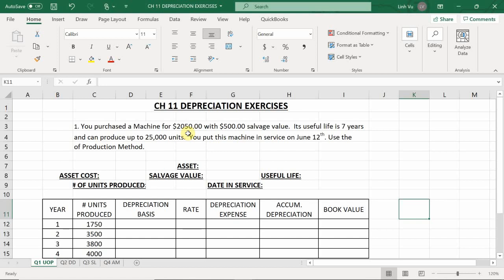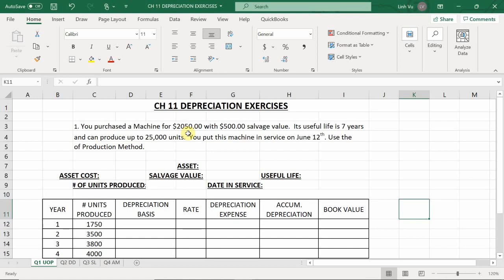Its useful life is 7 years, and it can produce up to 25,000 units. And you put this machine into service as of June 12th. Use the units of production method.